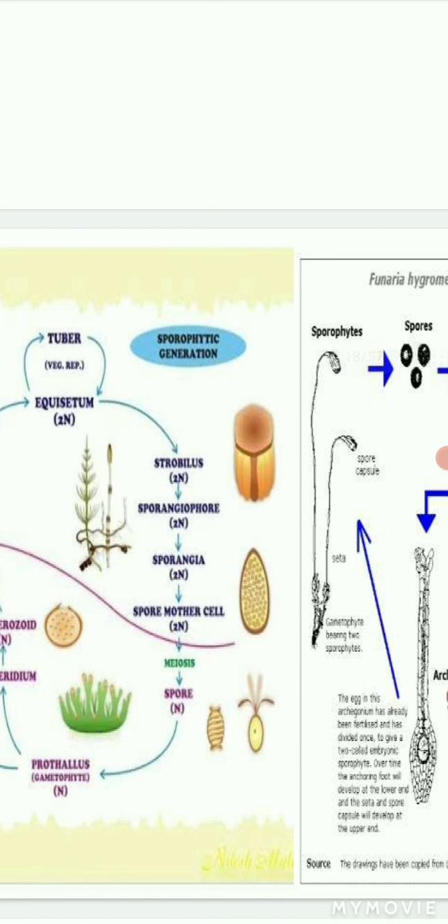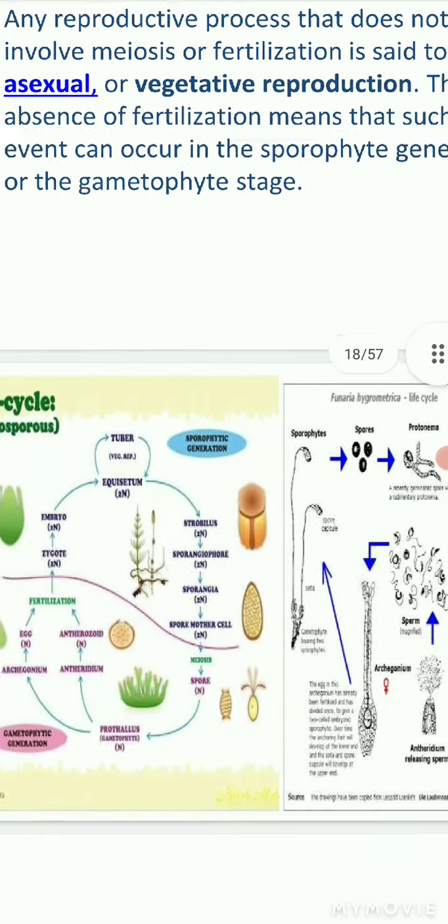Within that sporophytic generation they also develop strobili, producing 2n spores in sporangia, and every sporangial mother cell develops meiotic spores. This is called the life cycle or alternation of generation.